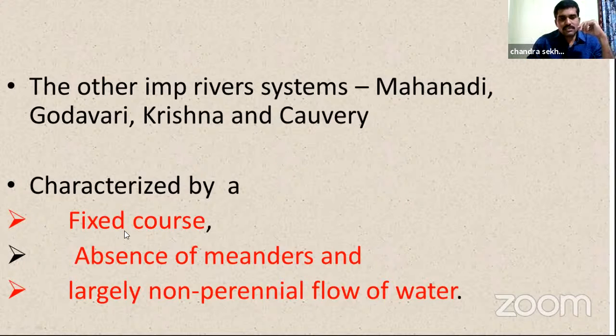These rivers have a fixed course. There is no change in the course of the river. Absence of meanders. So there are no meanders, because they are flowing from high altitude areas to low altitude areas. That's why there are no meanders.